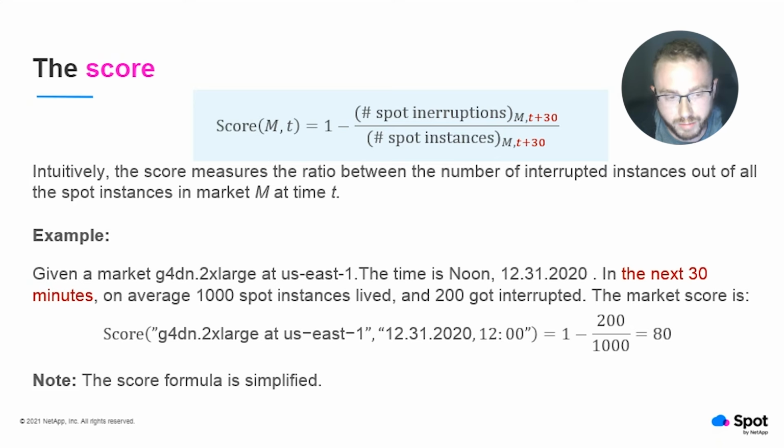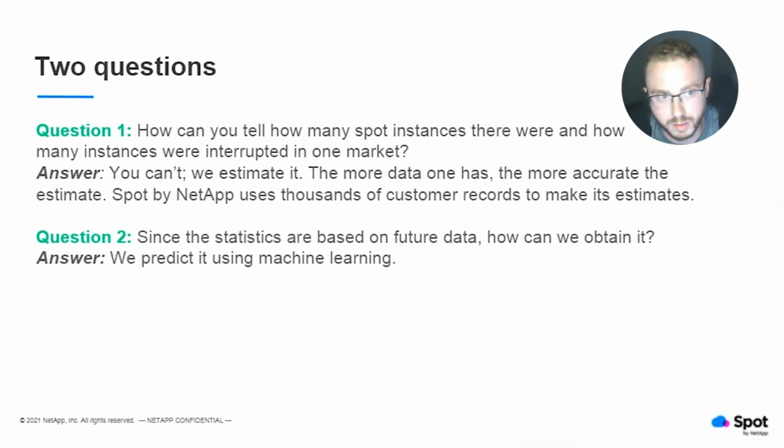So now we have the score. And I think you should have two questions. The first one is, how can we tell how many Spot instances live in a market? It's not common knowledge. It's not something that AWS is going to share with us, and it's not going to tell us how many of them got interrupted.